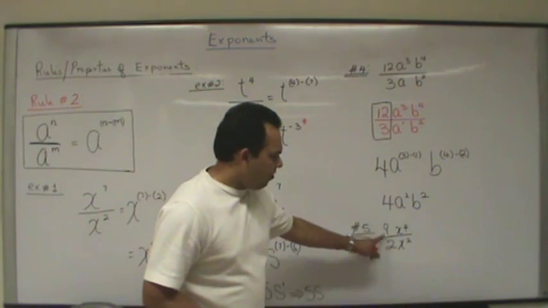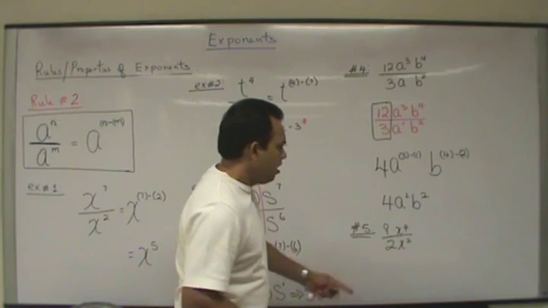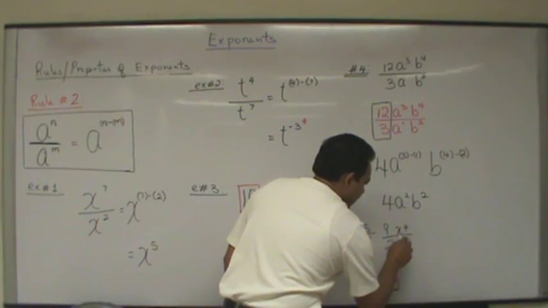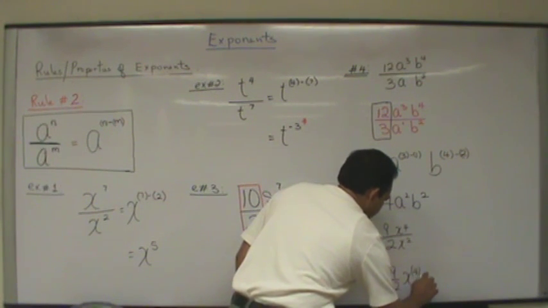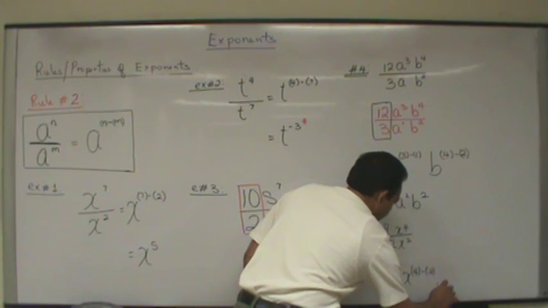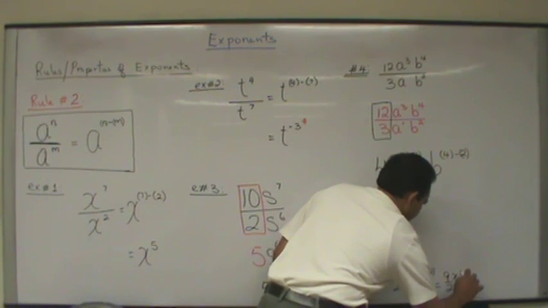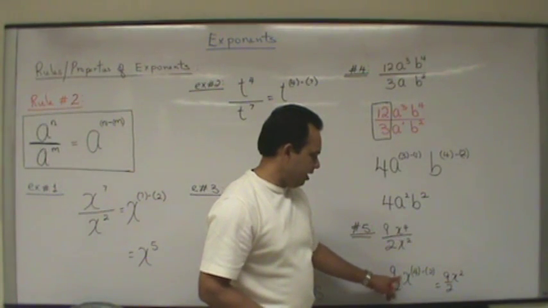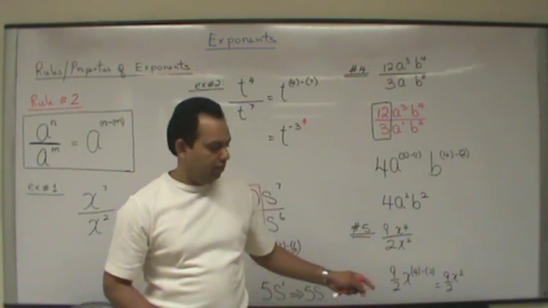Well, we cannot simplify 9 over 2. 2 doesn't go evenly into 9. So we'll leave it as 9 over 2. Since the bases here are the same, we have x to the 4 minus 2. And that becomes 9 over 2 x to the second power. Very important, the x stays in the top. Please don't write the x in the denominator.